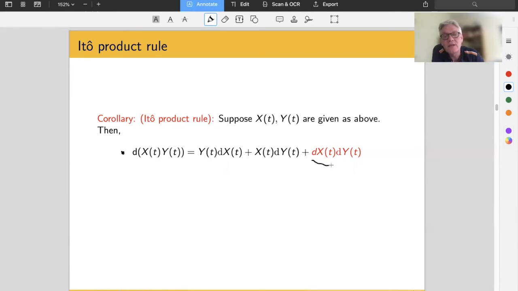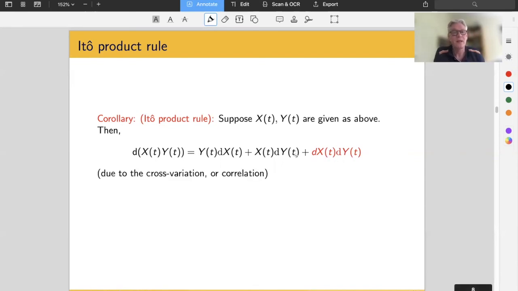And this last part is a new part. That is again the part that comes from the stochastic calculus. The first part is the classical part, the part of the product rule, y dx plus x dy, but we have another part here, dX(t) dY(t), and that can easily be seen from the two-dimensional Ito-Doeblin formula. So that last part is due to the cross variation or due to the correlation.